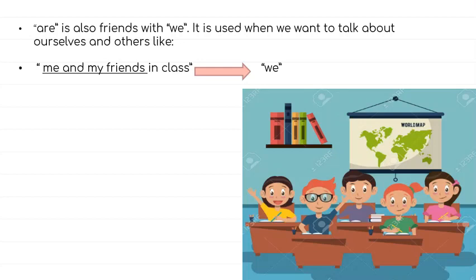What can we say? We. So, we. Let's see an example for it. We are grade 1 students. Can you think of another example for we?